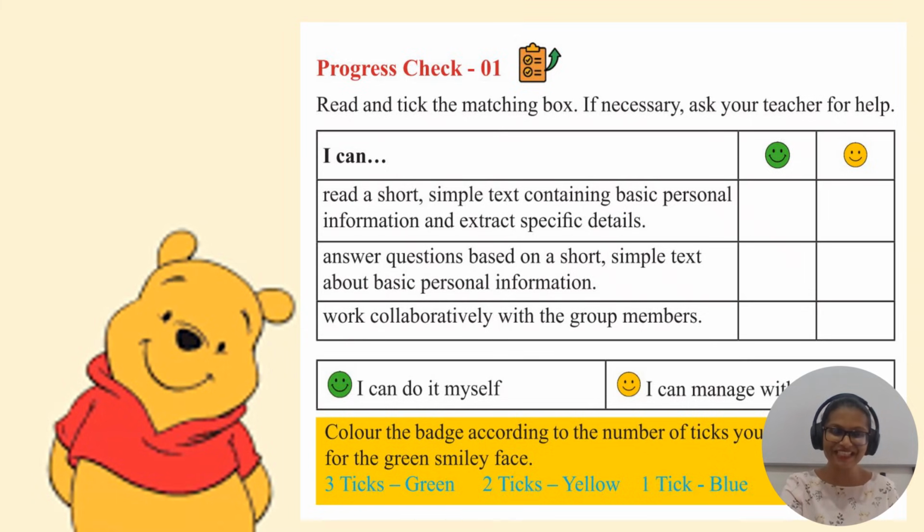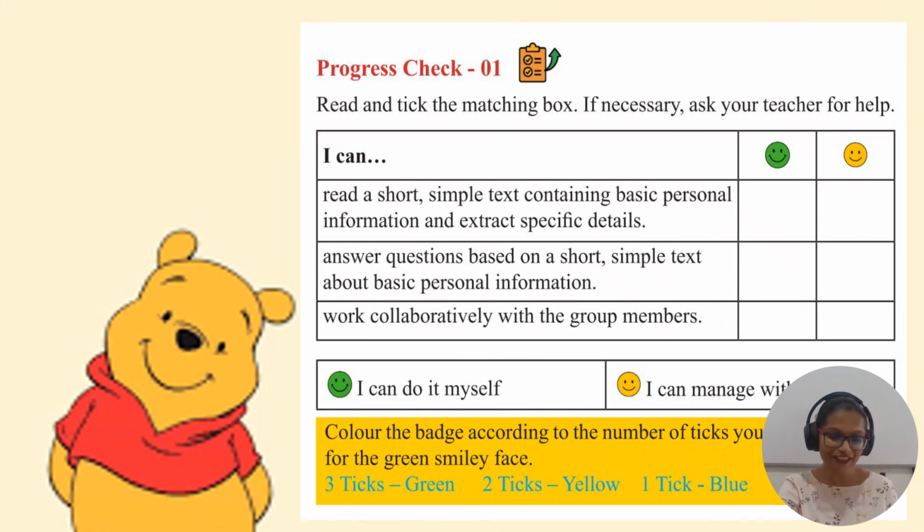Progress check means here you are going to check whether you have learnt it alone or with support, and where you are now, or you need further support to do such kind of activities, right? Let's see. Read and tick the matching box. If necessary, ask your teacher for help. If you are not able to do this yourself, you can get the support of your teacher, right?